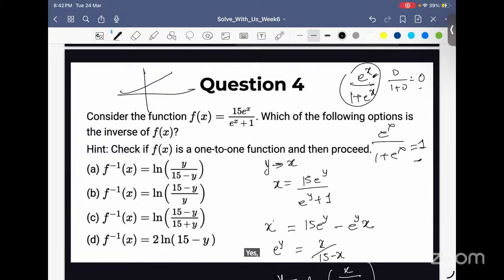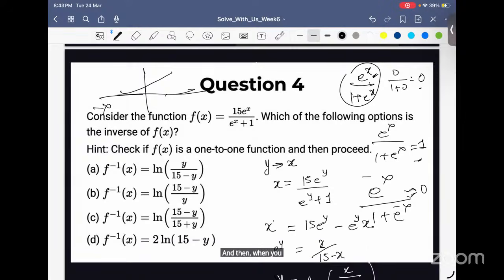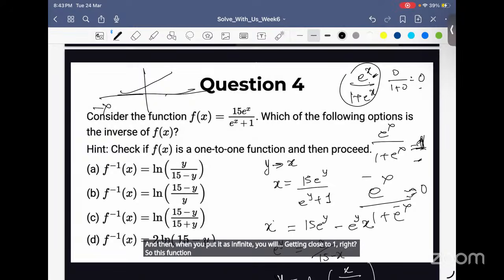Even when you take minus infinite, e to the power minus infinite upon 1 plus e to the power minus infinite, the function was approximately 0. And when you put infinite, you were getting close to 1, right? So this function is an increasing function.